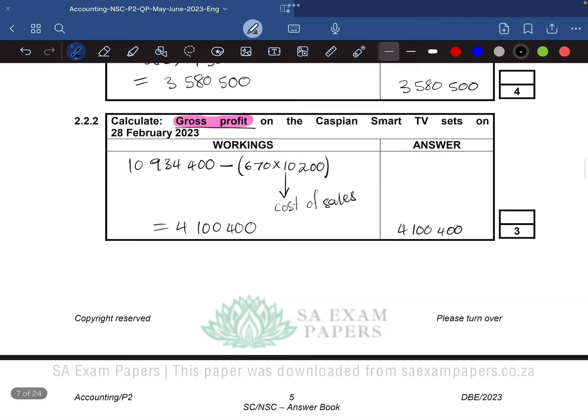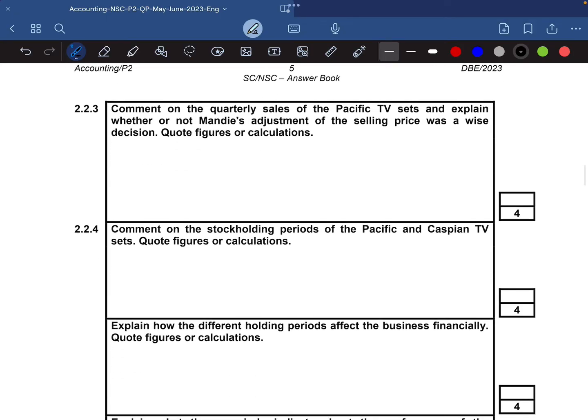Okay, so now we are commenting on the quarterly sales of the Pacific TV sets and explaining whether or not Mandy's adjustment of the selling price was a wise decision. So Mandy's decision, I'm just gonna write everything in short, please. Mandy's decision wasn't a wise one.